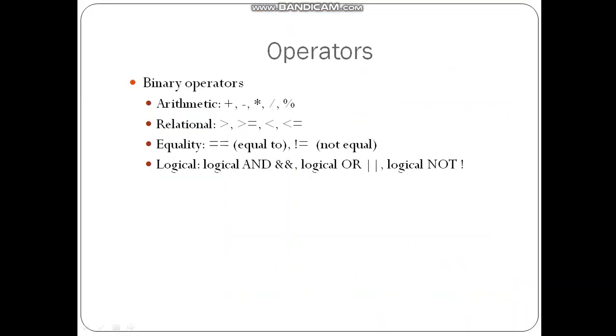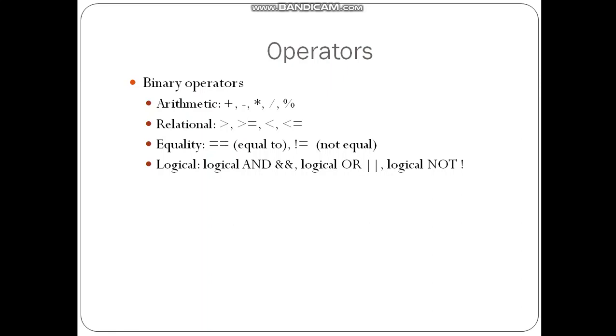Let us discuss the binary operators. The first binary operators are the arithmetic operators used in C. The first one is plus, which is used for addition. If I want to add two numbers, I use plus. Then minus for subtraction, the star symbol for multiplication, the slash for division, and the modulo symbol to find the remainder.